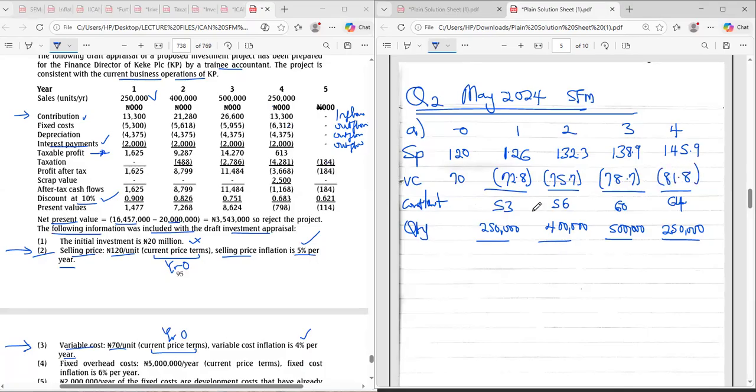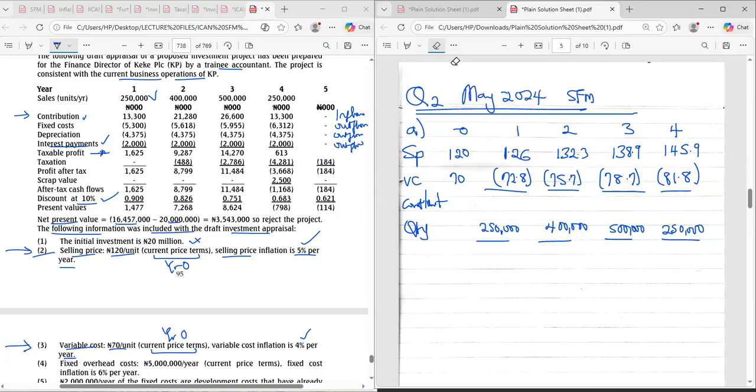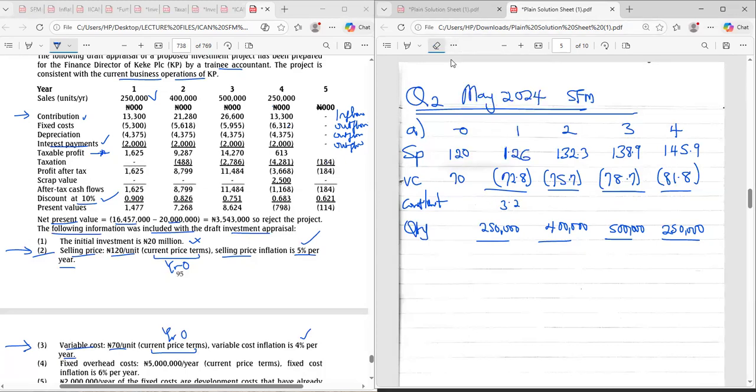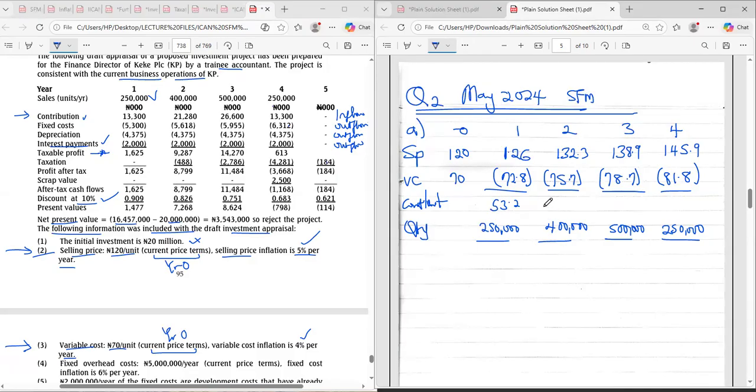So give me the difference now, the contribution per unit. First one is what? 63.2. Okay, 53. Go ahead. Next one. I don't need this one.